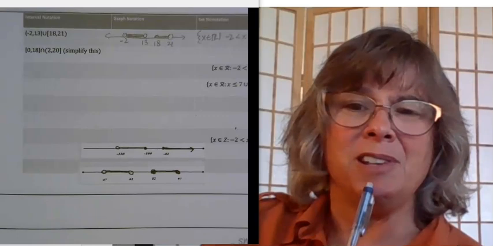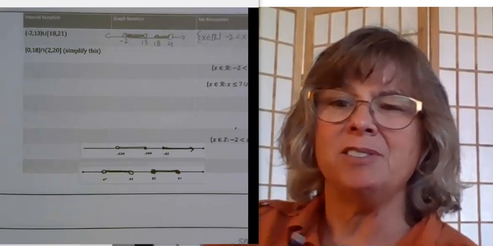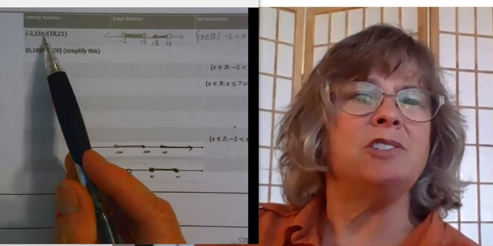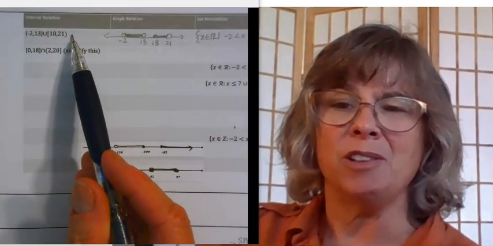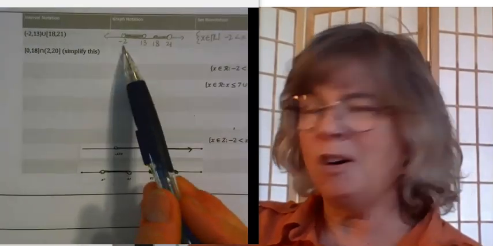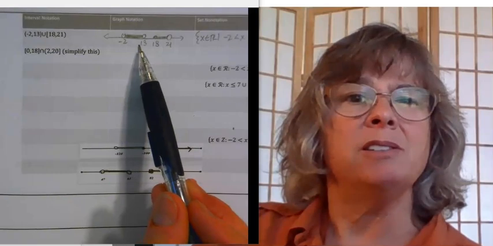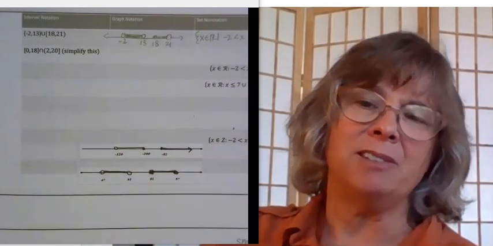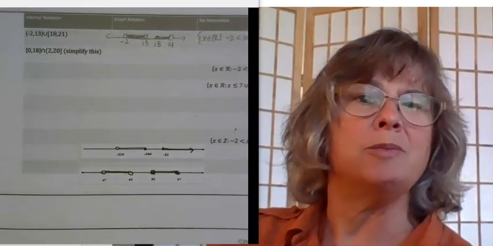Let's look at the first one together for a second, because sometimes you look at this and you say, oh my gosh, that's so many numbers. You want to think in terms of reading this left to right. Notice they're in order, smallest to largest, and you really want to organize it that way. Notice on the number line, it's smallest to largest. Sometimes when there are negative numbers in there, it kind of feels like it's flipped for you, but always smallest to largest.